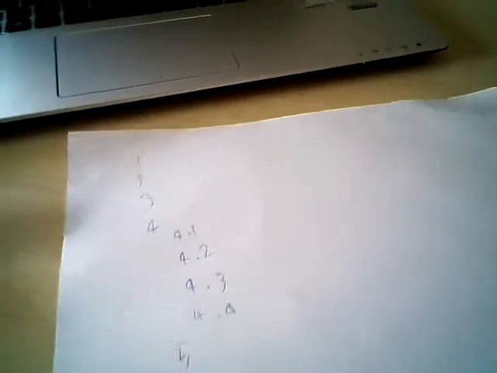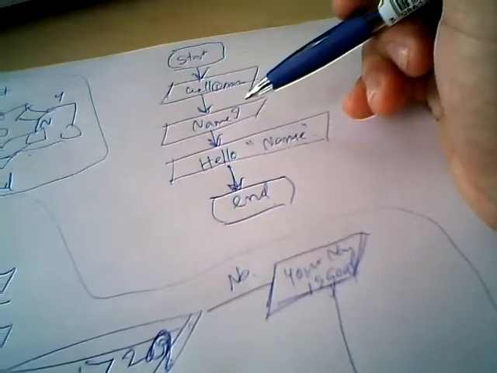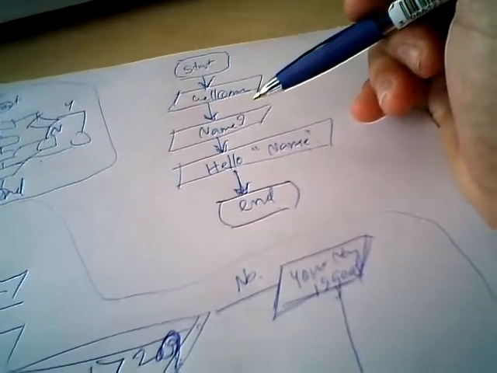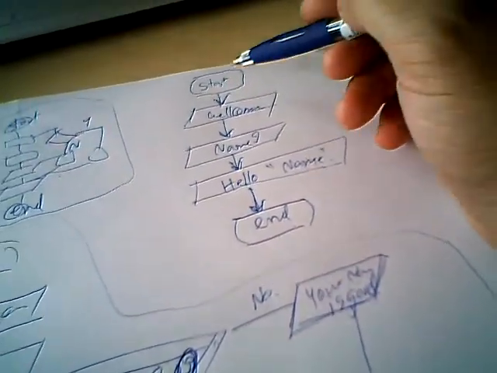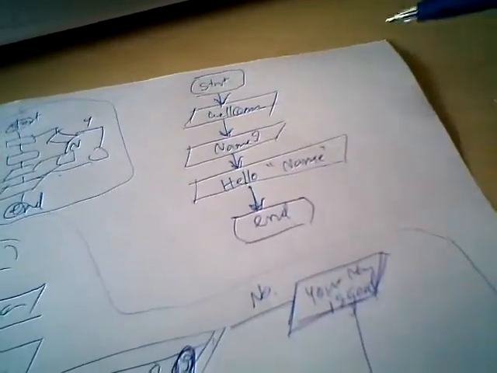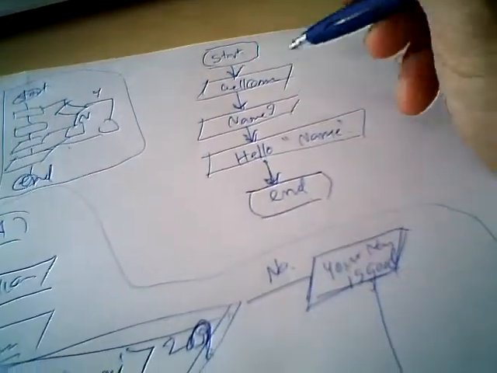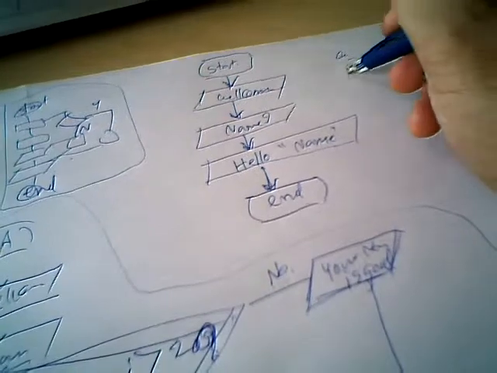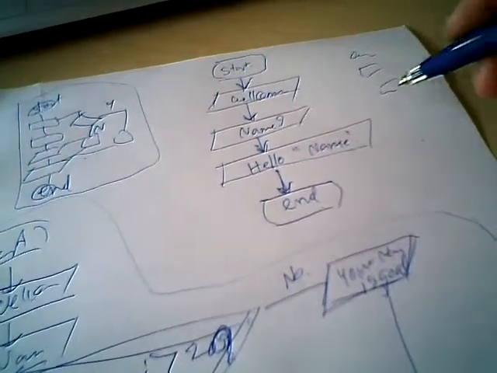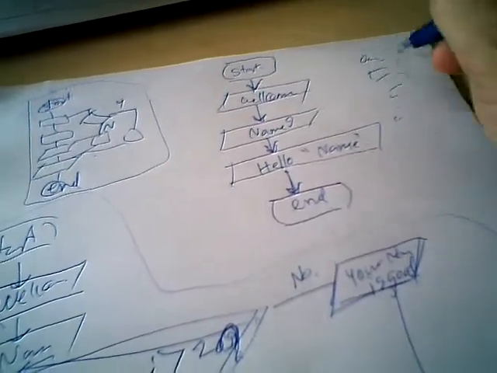So that's it for making flowchart. It's not that difficult. It is a diagram to show the sequence of solving problem: starting, display something, getting name, saying hello, and then end. You have to read, you have to write, you have to get name, and so on.